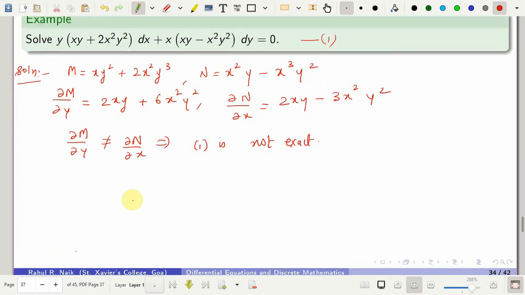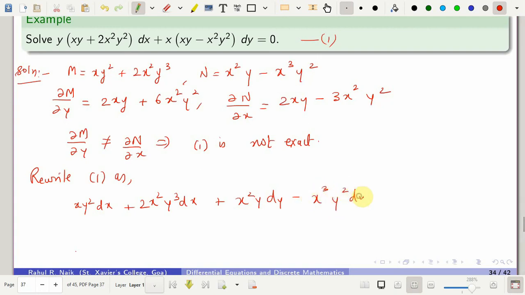So we will rewrite this. Opening the bracket, you will get xy square dx as the first term, and from the next term you get 2x square y cube dx, plus from the next term x square y dy minus x cube y square dy equal to 0.